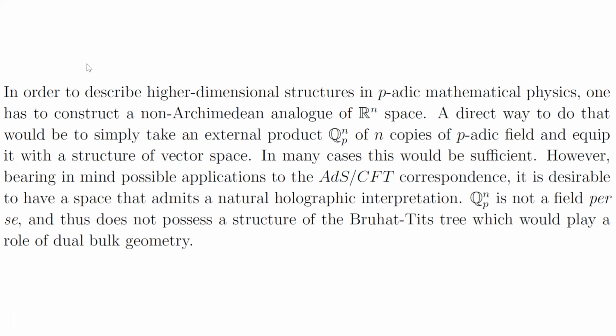Okay, so also why we would like to consider unramified extension is that norms on an external product of n copies of p-adic fields can be non-uniquely defined, and in fact Q_p^n is not a field by itself. So we would like to have just one object which behaves like a p-adic field, like a canonical p-adic space, not the product of n p-adic spaces.